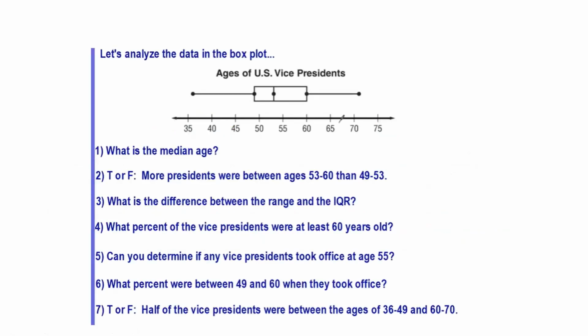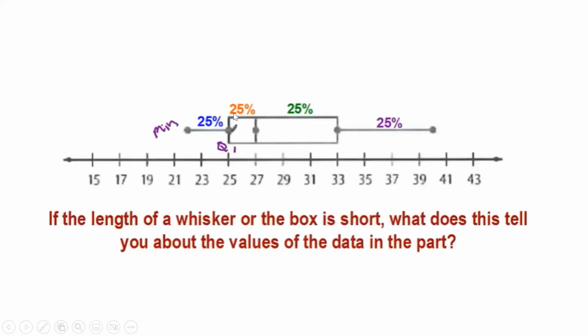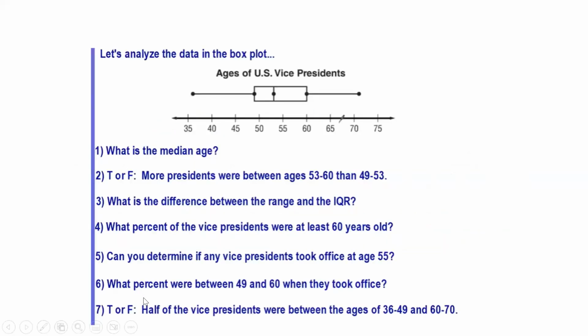So what percent were between 49 and 60 when they took office? 50%. Defend it. Between the first quarter and the last quarter, 25 plus 25, that's 50. Correct. Now, true or false? Half of the presidents were between the ages of 36 to 49 and 60 to 70.